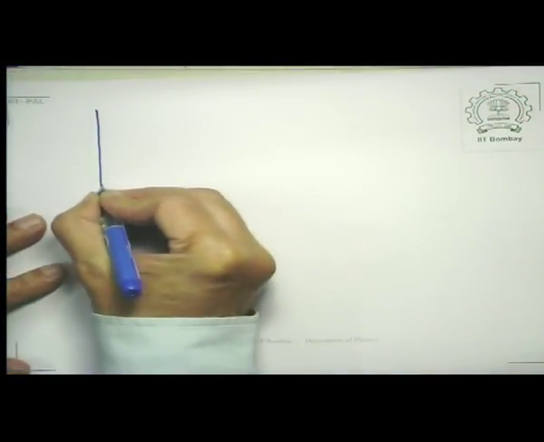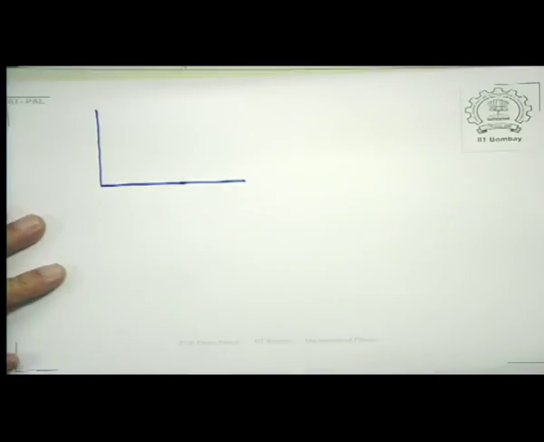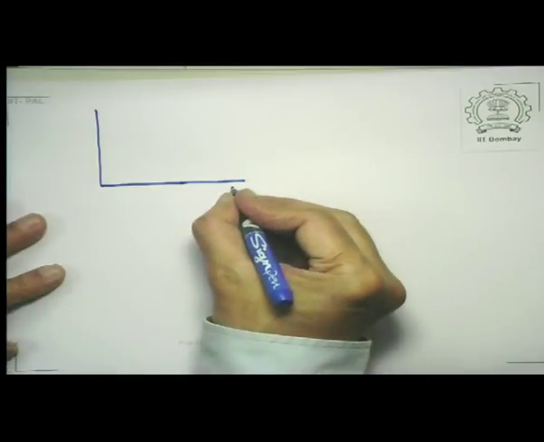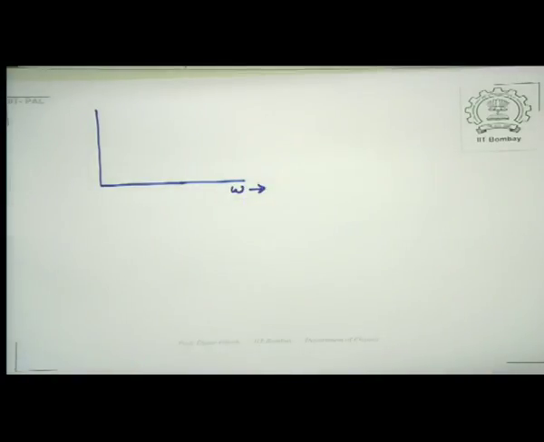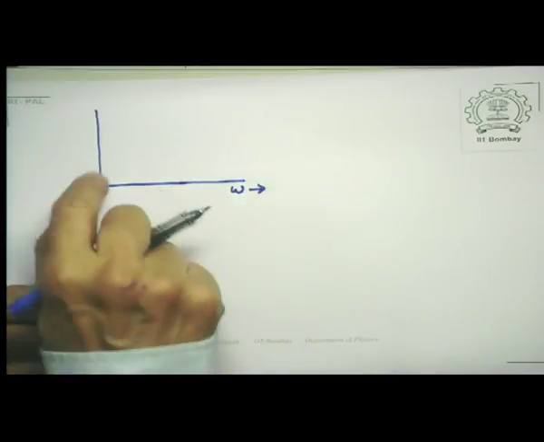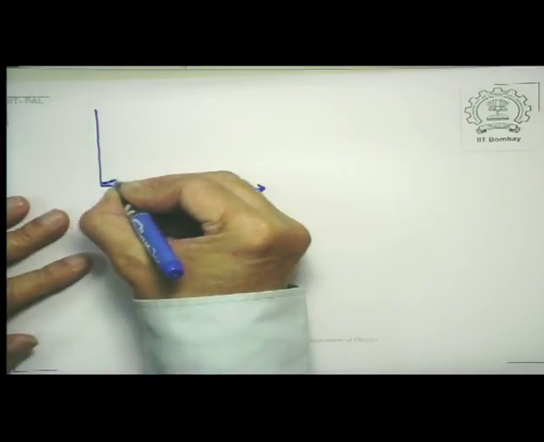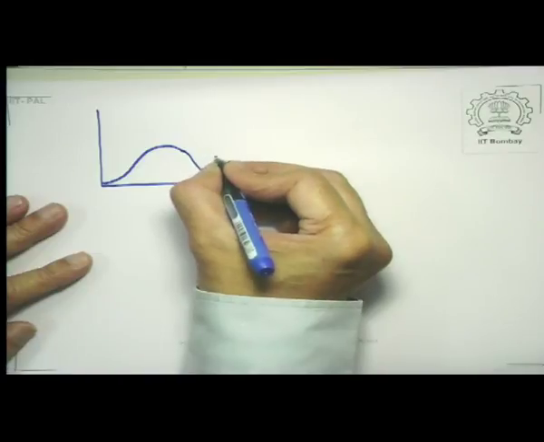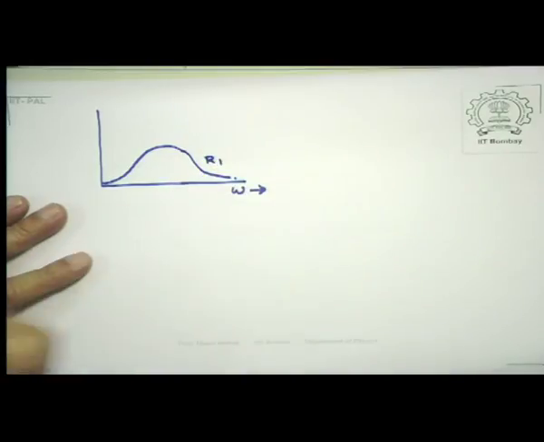Let me plot the current against the impressed frequency. I will do it for different values of R. Now what you find is this: as you increase the frequency, then your Im follows a curve like this. So this, for instance, is for a particular value of R, so let's call it R1.